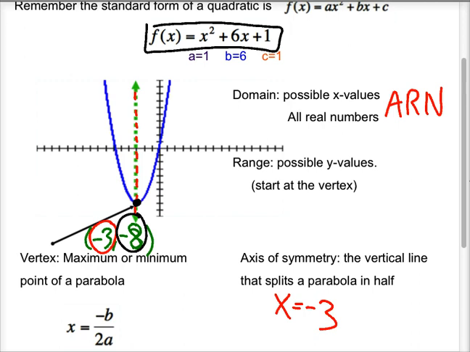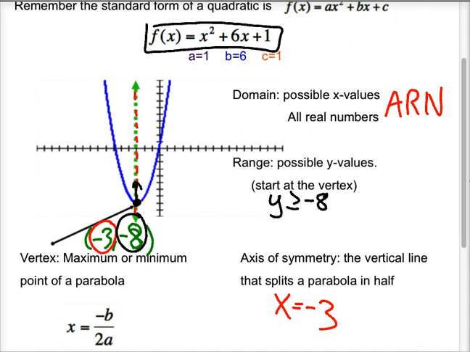We're starting at the y value of the vertex, okay? Because again, range is always talking about y's. So we're starting at that -8, and where are all of my values? Well, all my values are greater than that -8. So my range are all of my y values that are greater than or equal to that -8.